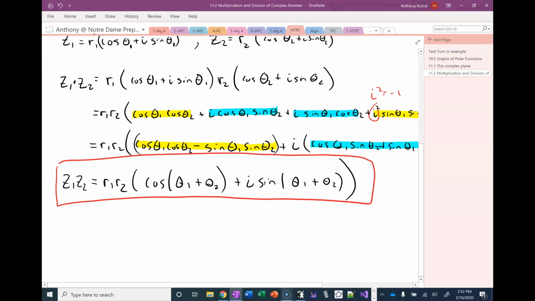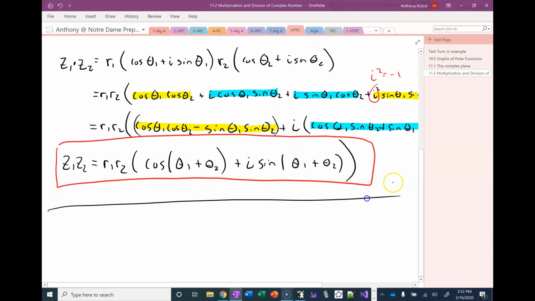Right? So this is nice because it scales. Let's just do a quick example here.